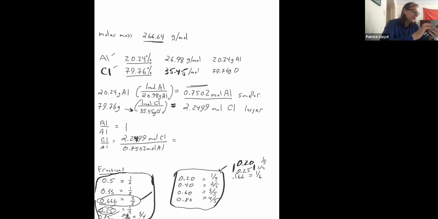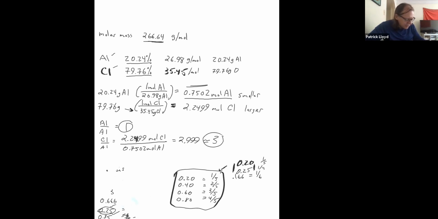Okay, 2.2499 over 0.7502. It's 2.999, right? That one we don't even have to worry about multiplying by 2 because that's essentially 3. So it's a 1 to 3 ratio there. We're set on that one, right? That one's a little easier.